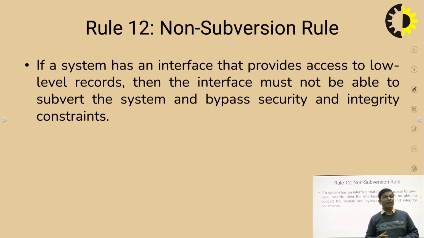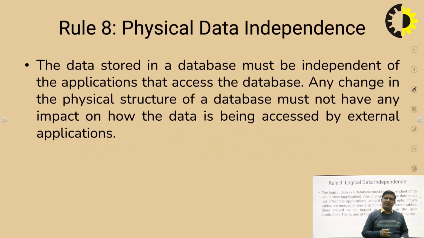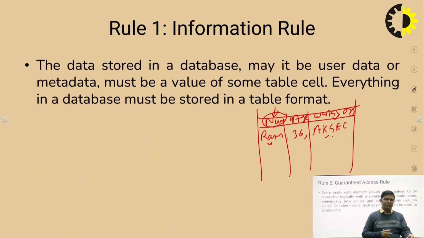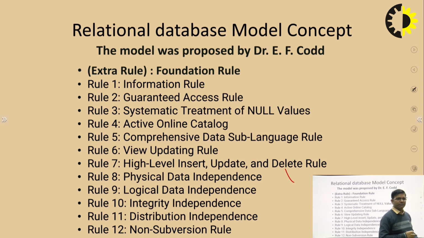So these are the 12 Codd rules. Basically, let's take the 12 rules at once. All of you say that these 12 rules are very easy to find in any database, and that they are very important rules.